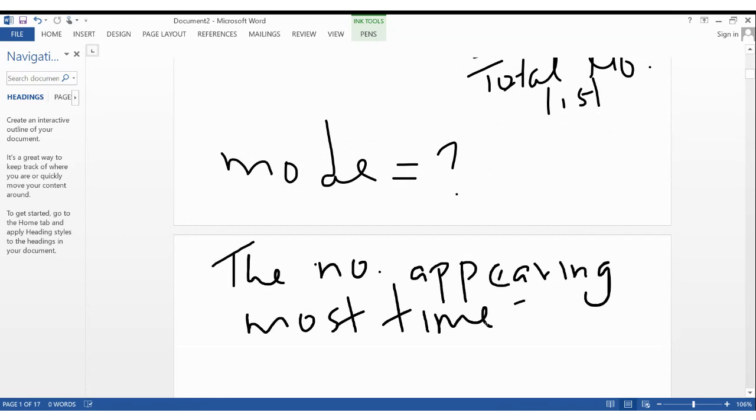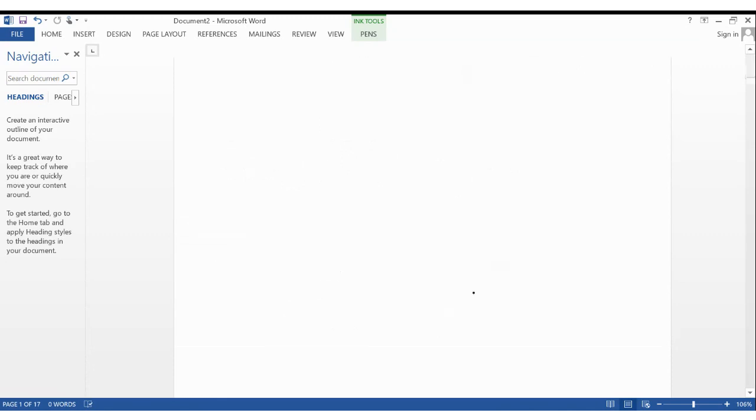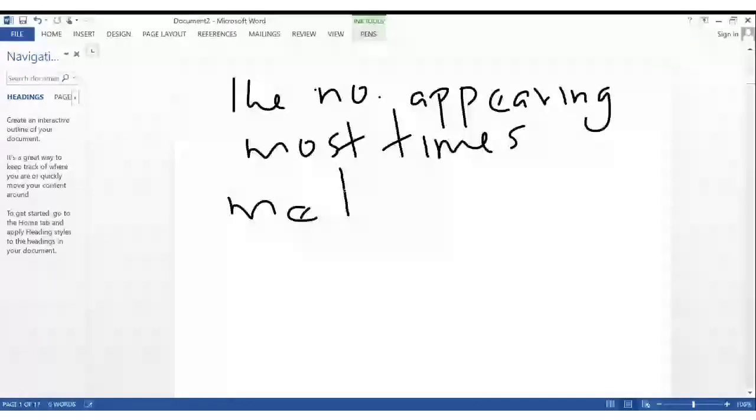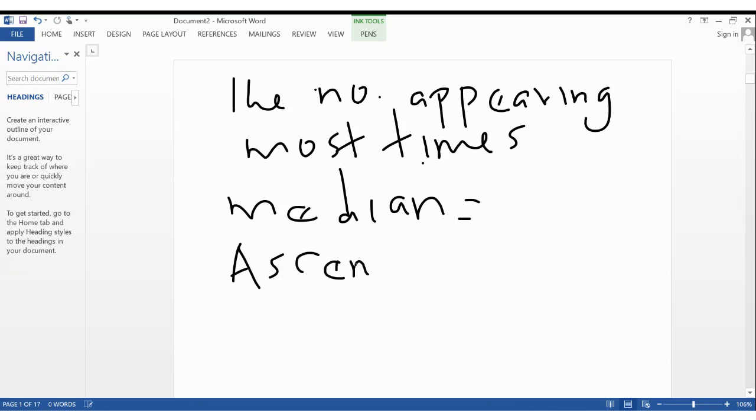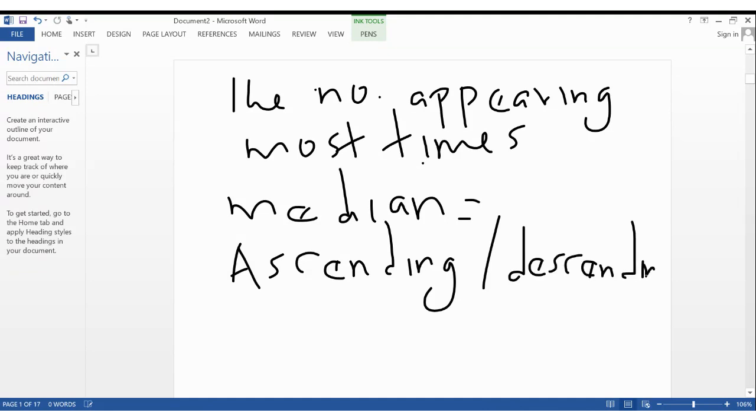Okay, let's go now to the median. Then we do an example to demonstrate that. Median: you arrange the numbers in either ascending or descending order, and the median is the number in the middle.